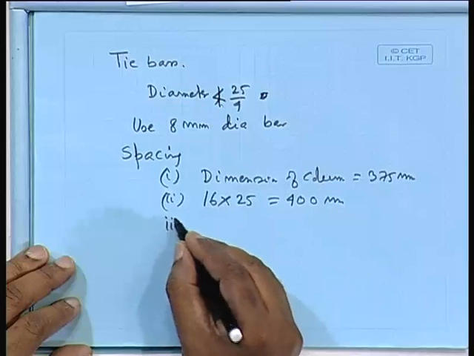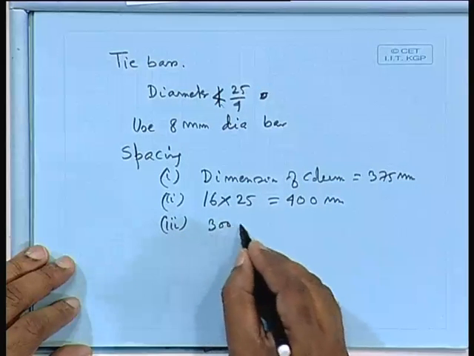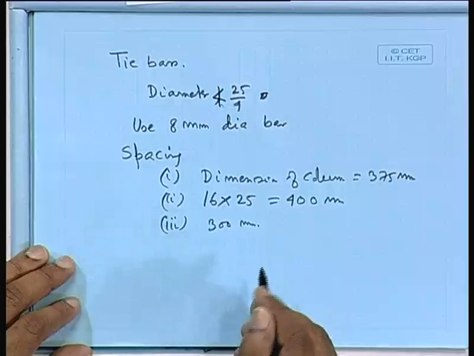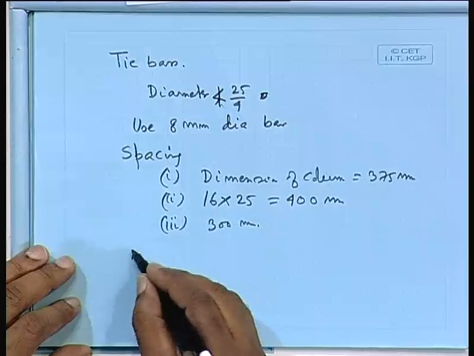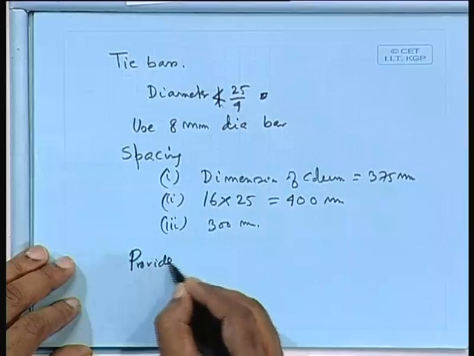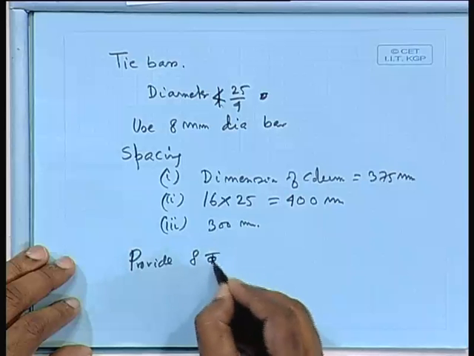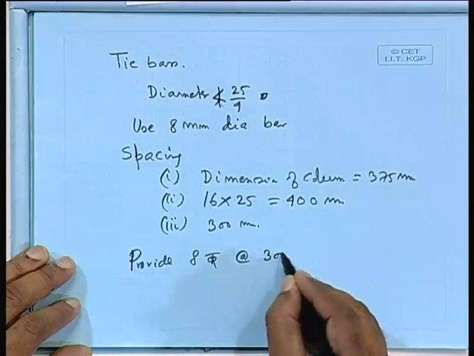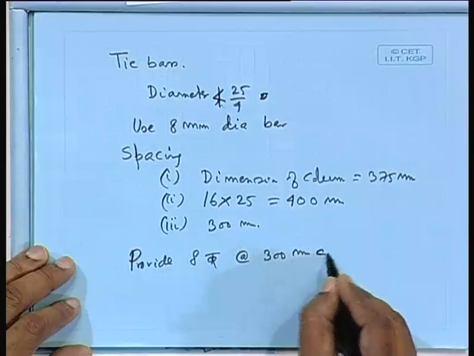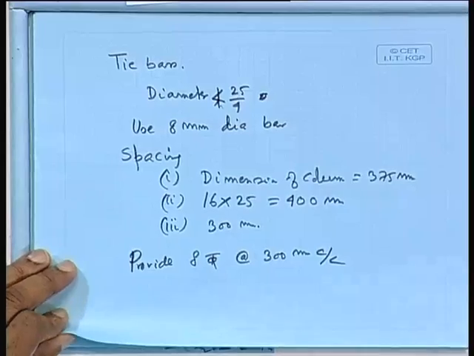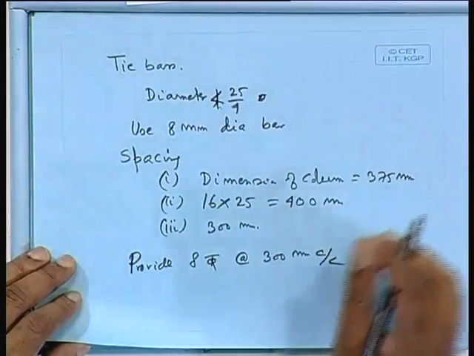Number 3, our code says 300 millimeter. So, we can provide 8 TOR at the rate of 300 millimeter center to center. This is what we can provide for tie bars.